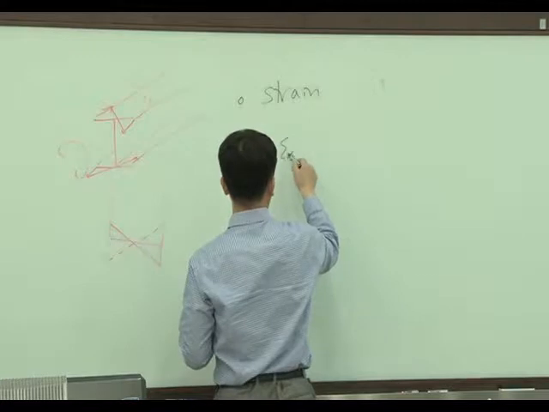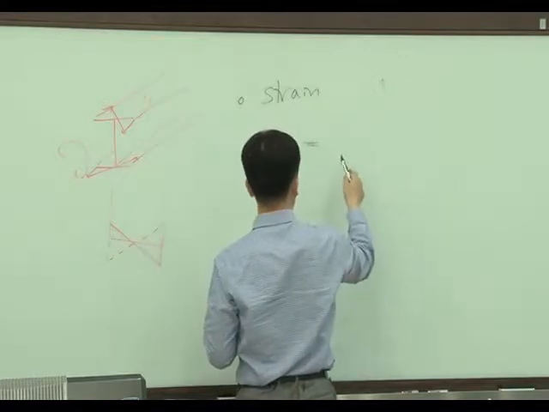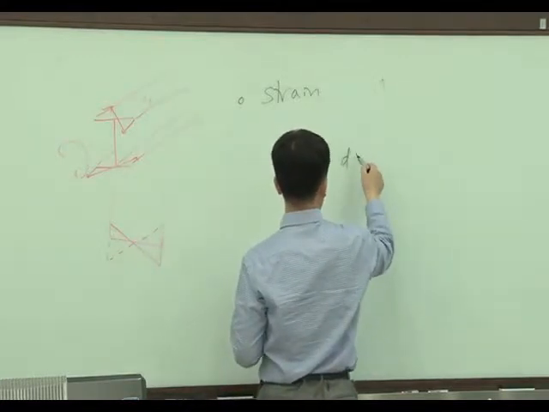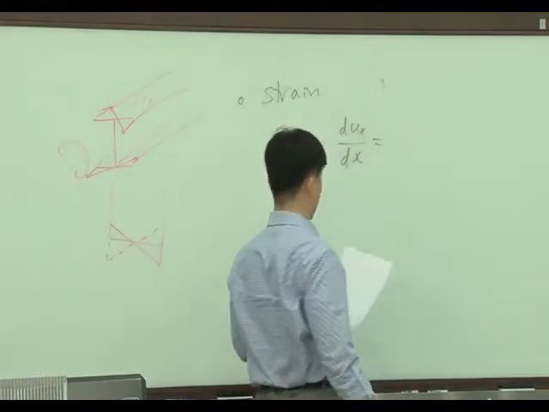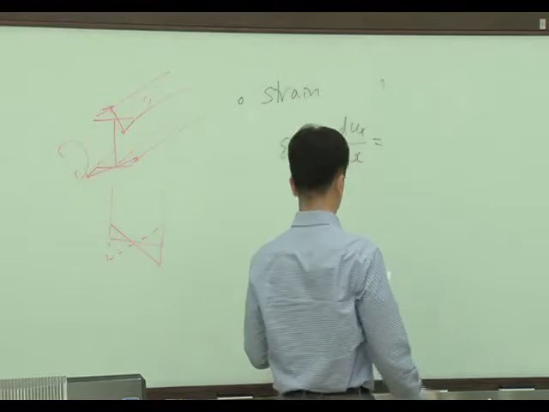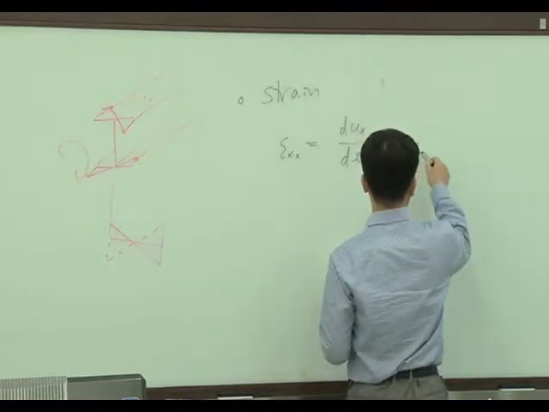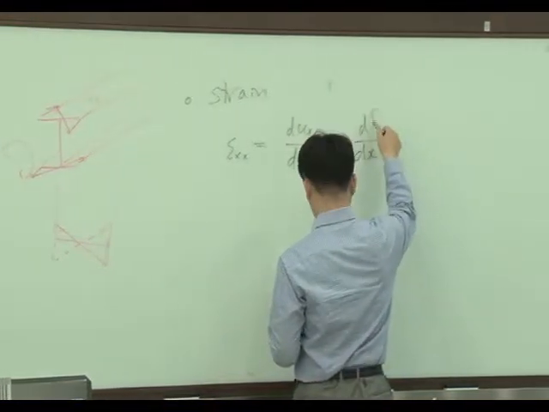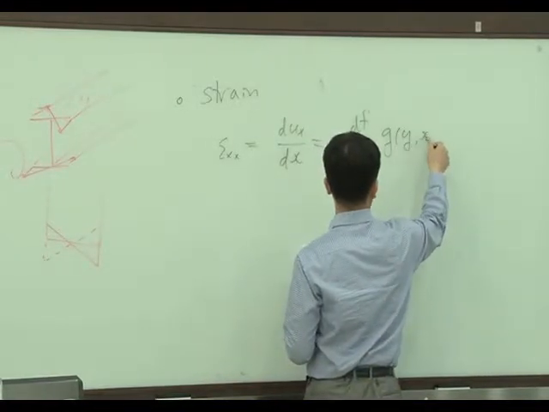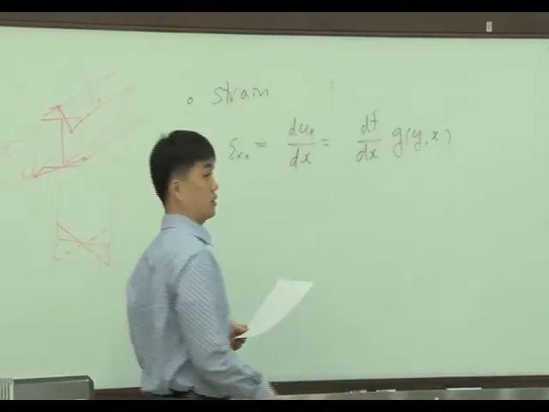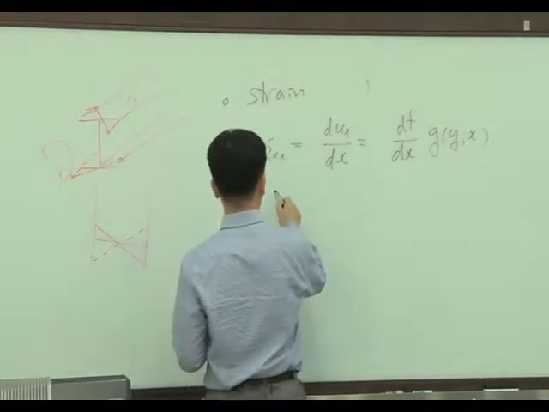So strain xx is dux/dx, which gives dφ/dx times g y, right? How about strain yy?